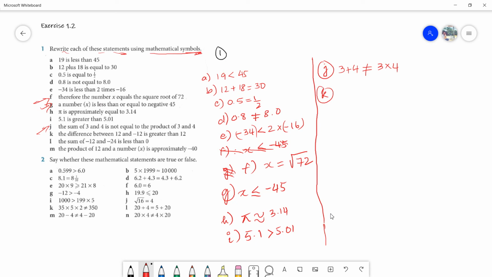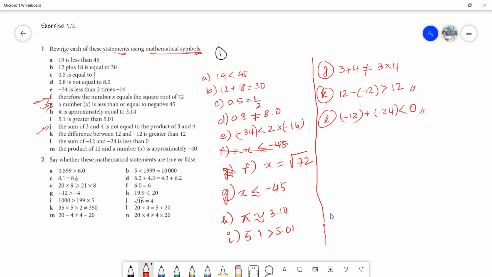The difference between 12 and negative 12 is greater than 12. Then L, the sum of negative 12 and negative 24 is less than 0. Okay.